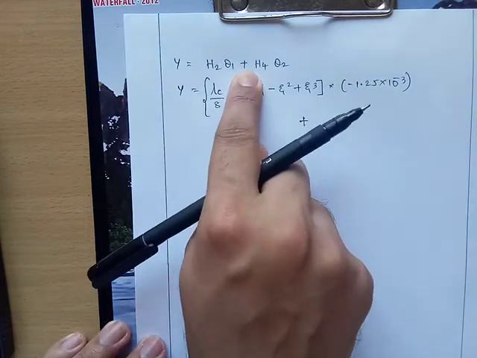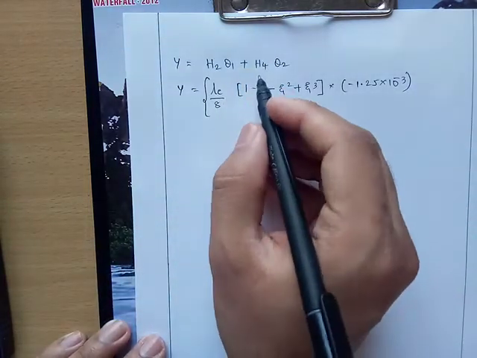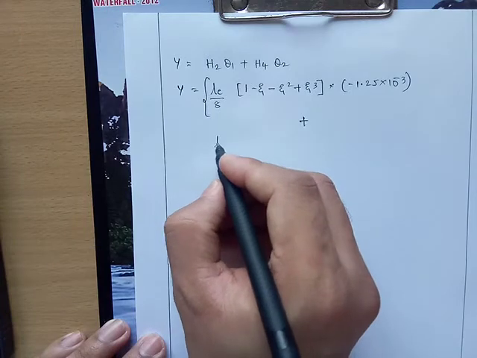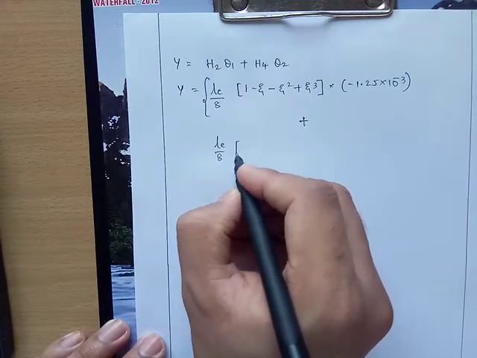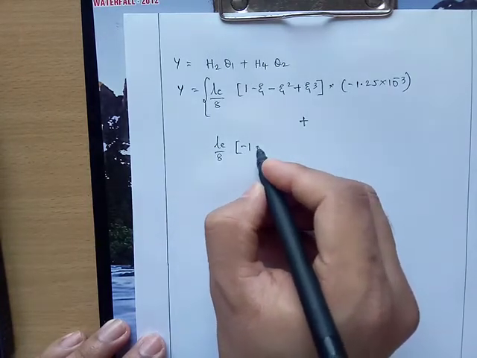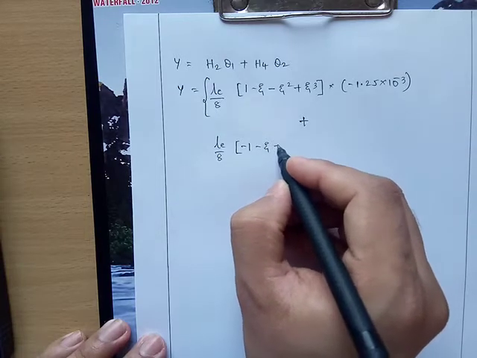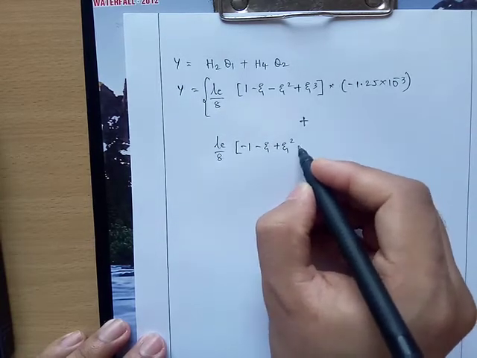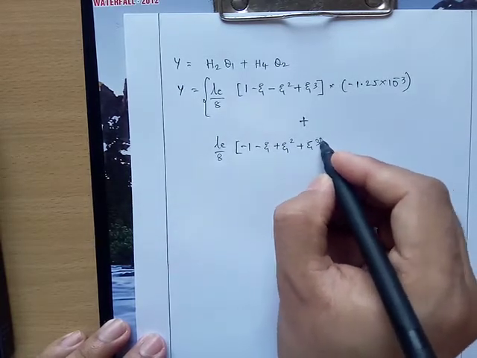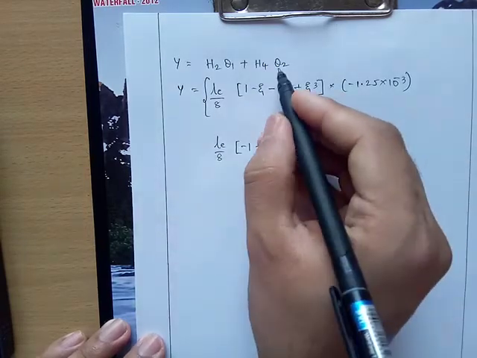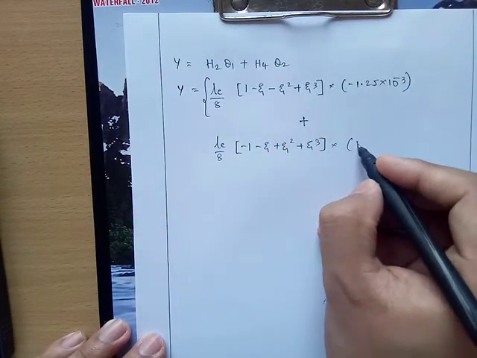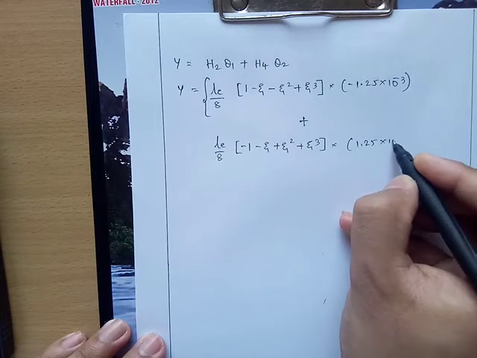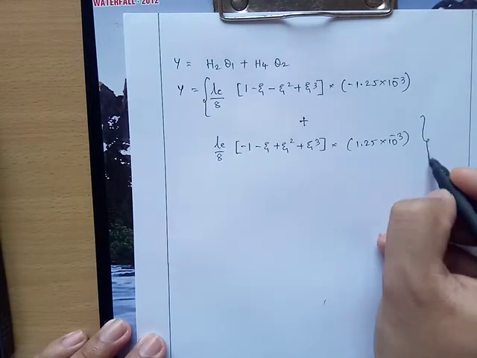Plus, this is the intermediate plus sign, H4 is given as length of the element divided by 8 into minus 1 minus zeta plus zeta square plus zeta cube, into theta 2. Value of theta 2 is 1.25 into 10 raised to minus 3, right?